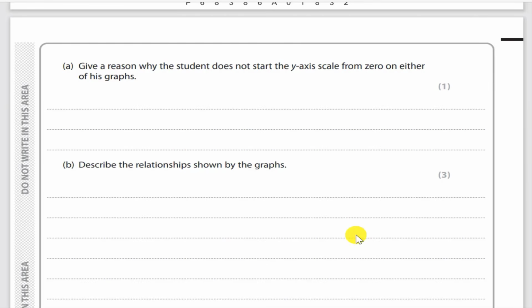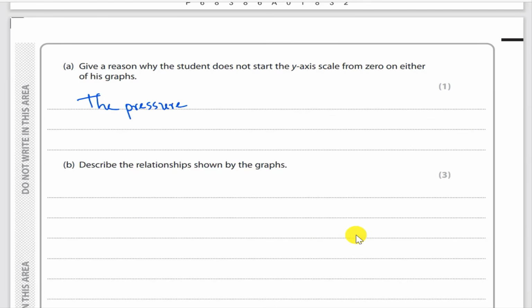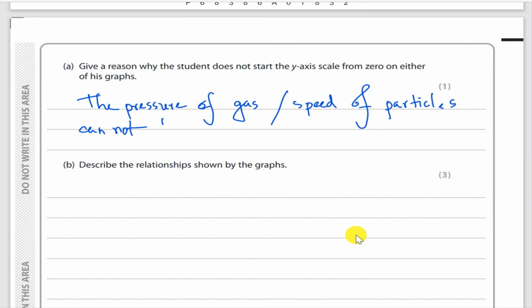Because the pressure of gas or speed of the particle cannot be 0.